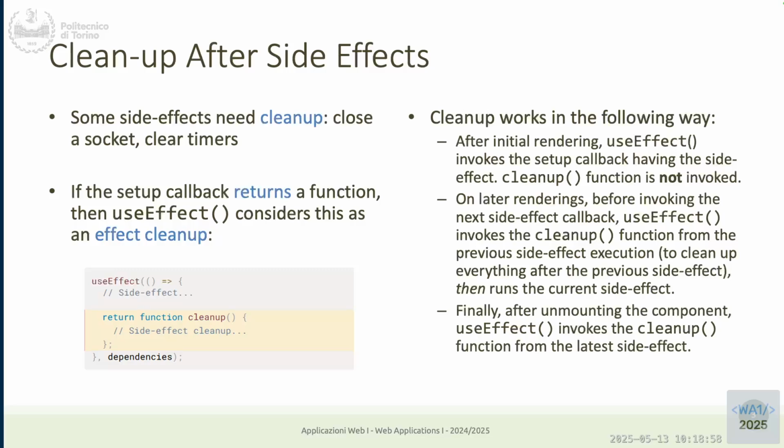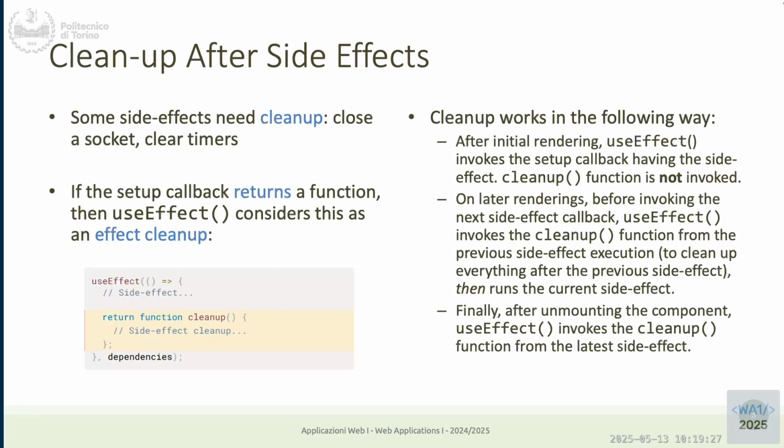So actually, every time the body will return a function, it looks like this function could be different at every run. Actually, it's only the first one which is considered. But syntactically, it looks like the body of a function can return a cleanup function which is different every time. I would have probably designed it as an extra parameter. We have the setup function and then the cleanup function.